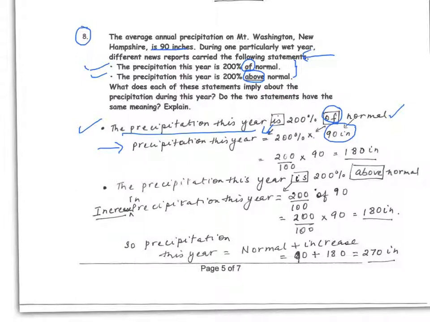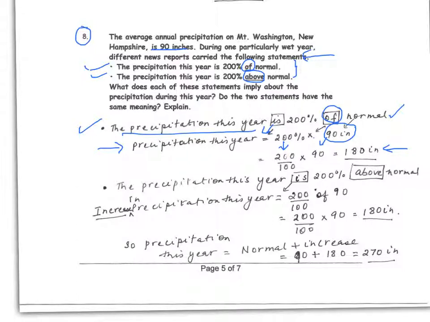So precipitation this year is 200% times 90 inches. 200% by definition of percentages is 200 over 100 times 90, and that equals 180 inches. So this is how we would interpret the first statement.